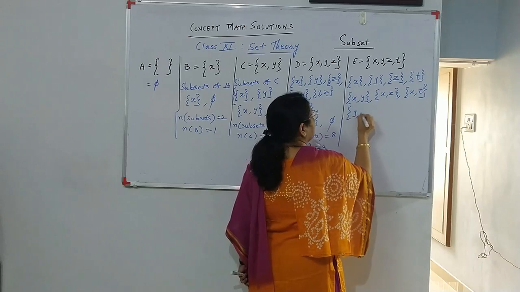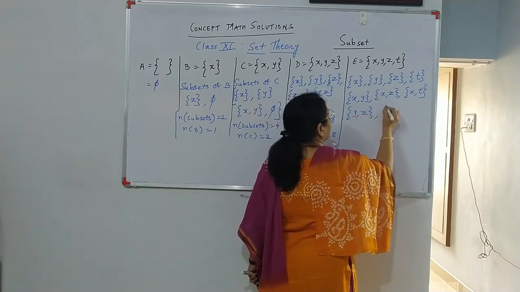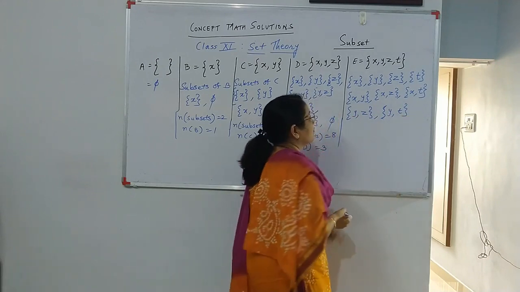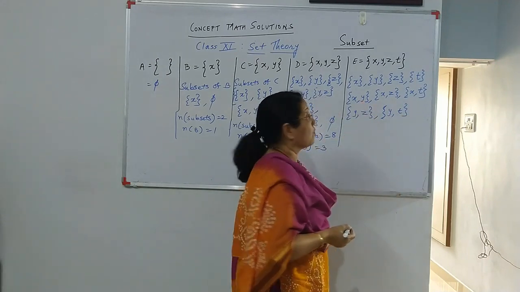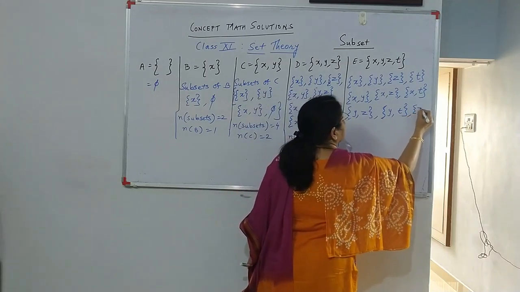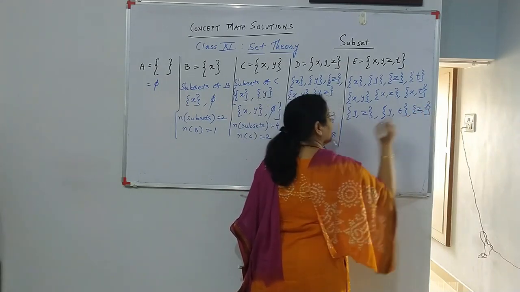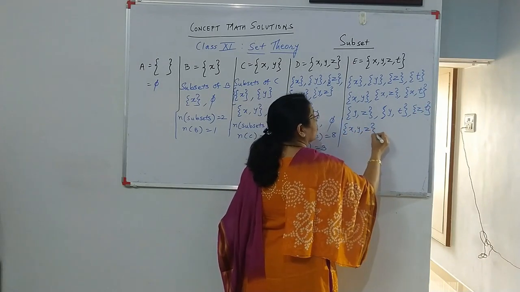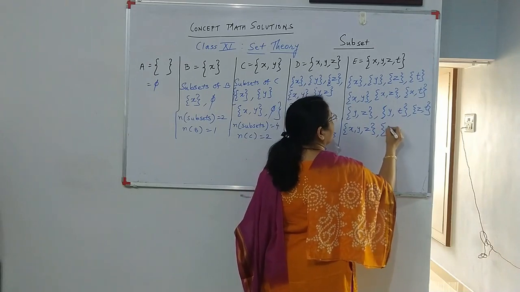Then I take yz, then yt. I will not take yx because yx is the same as xy. So yz, yt. Now I take zt. Yes, 2 elements. Now 3 elements.